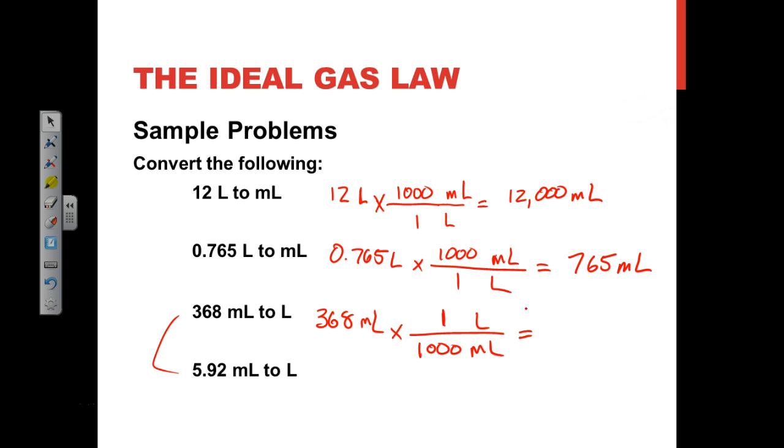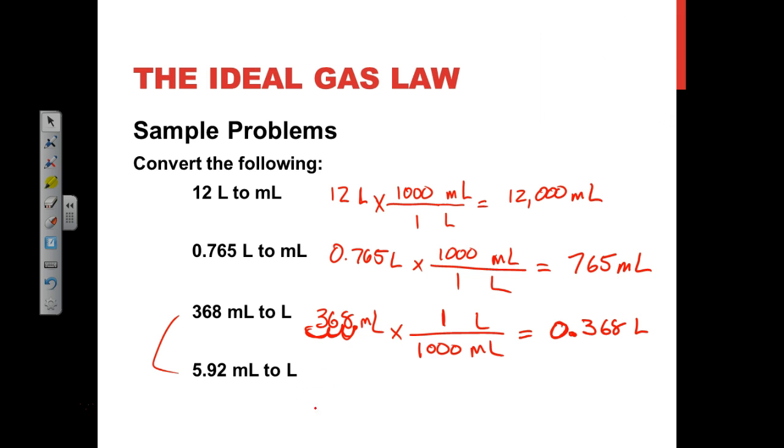I don't need my calculator to do this, but you can get one out if you need it. It's 0.368 liters. So what we've done is effectively move the decimal point over 1, 2, 3 spots. Notice I will always put a leading 0 in there, though, which I think is scientifically important.